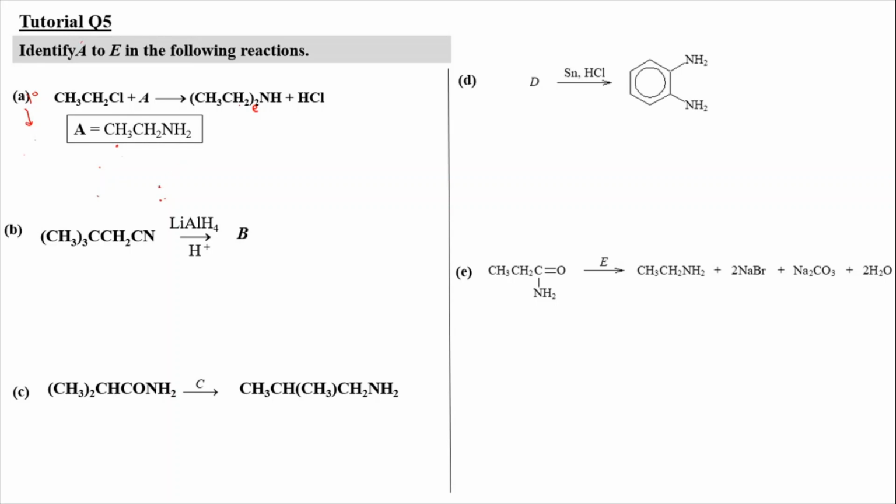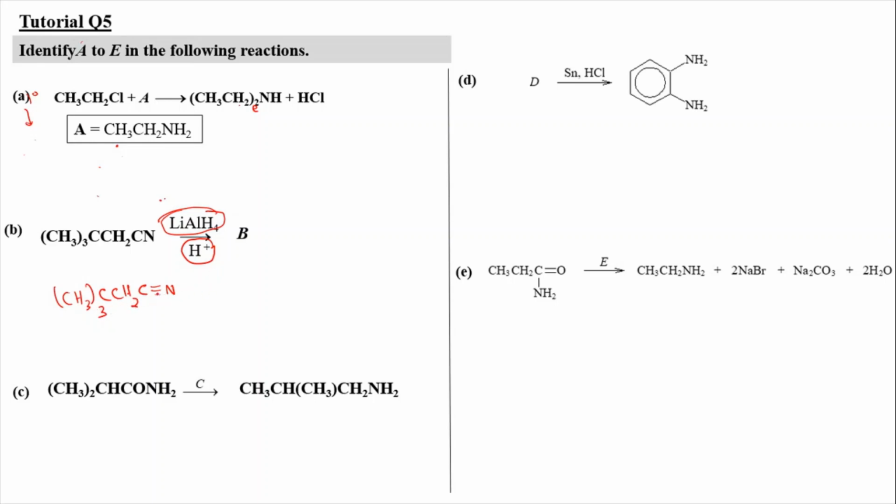Okay, and now for B, we are given CH3CH3CH2CN, and it will undergo reduction with lithium aluminum hydride followed by hydrolysis. So you know that this is a nitrile compound. The reactant here has CH3 to the power of 3, which has 3 substituents, and then you're going to have CH2CN.